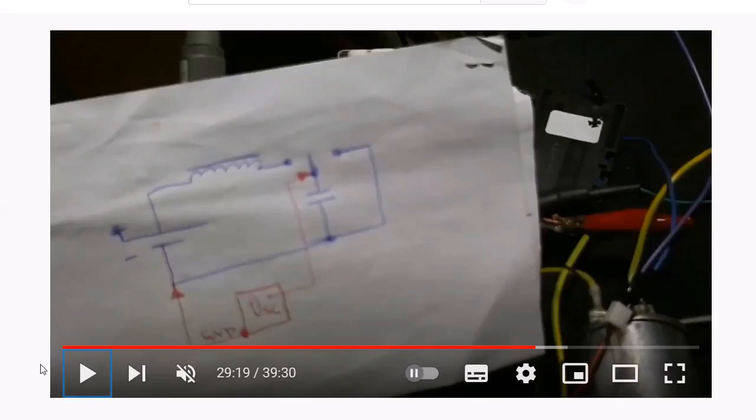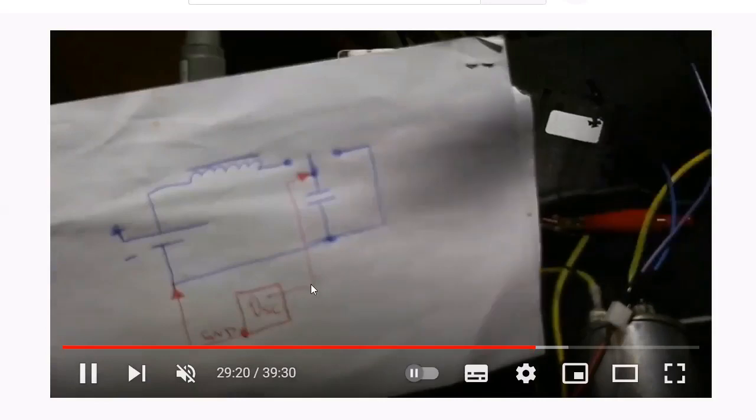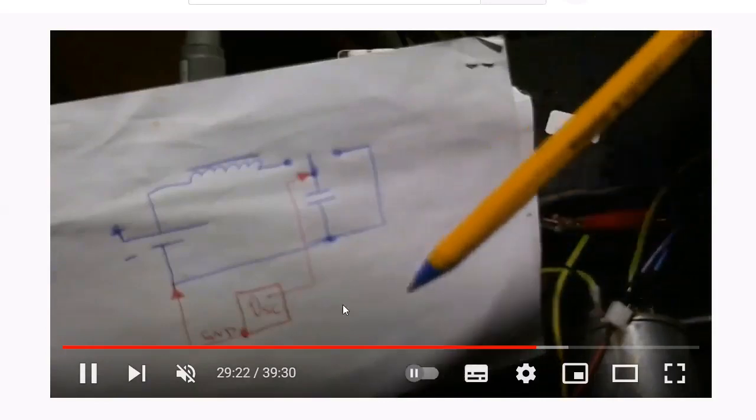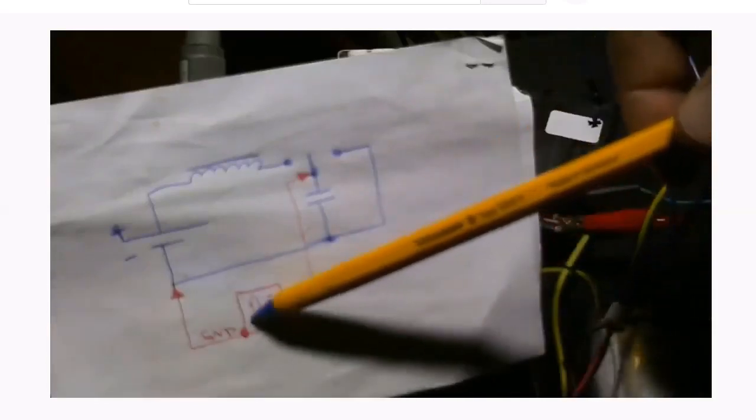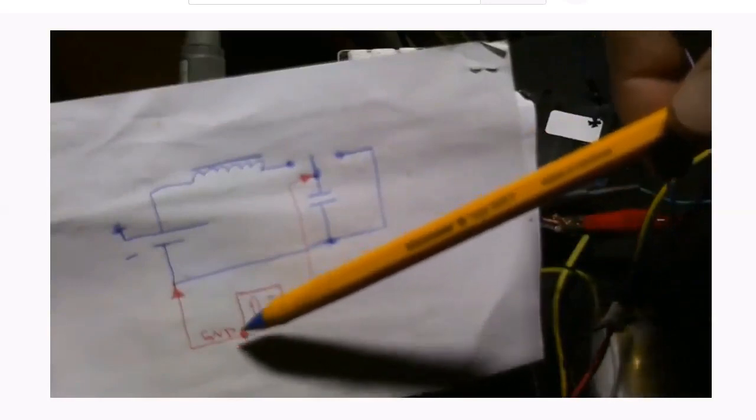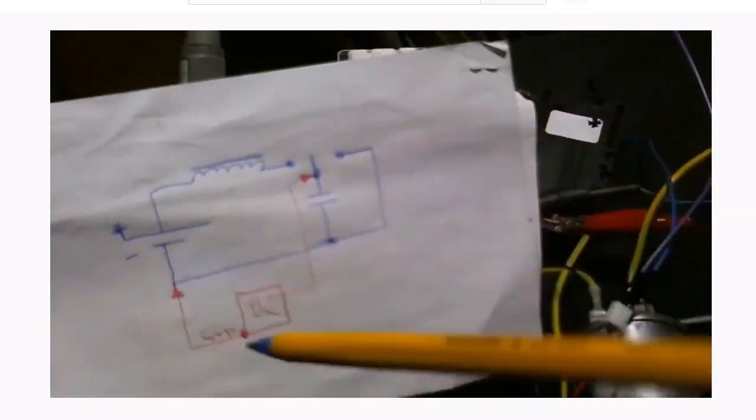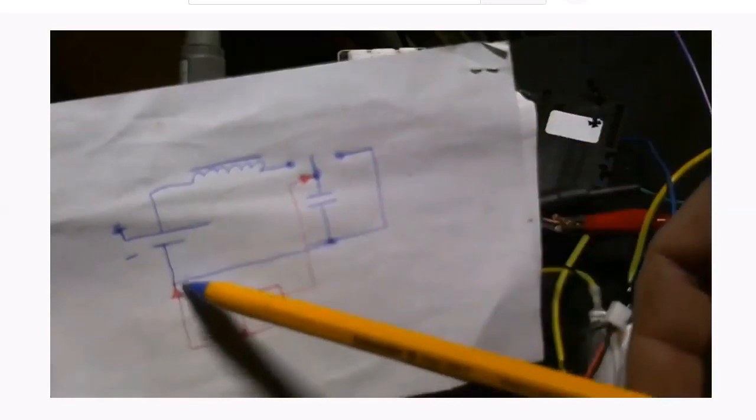This video shows us another connection to see what's happening across the capacitor.